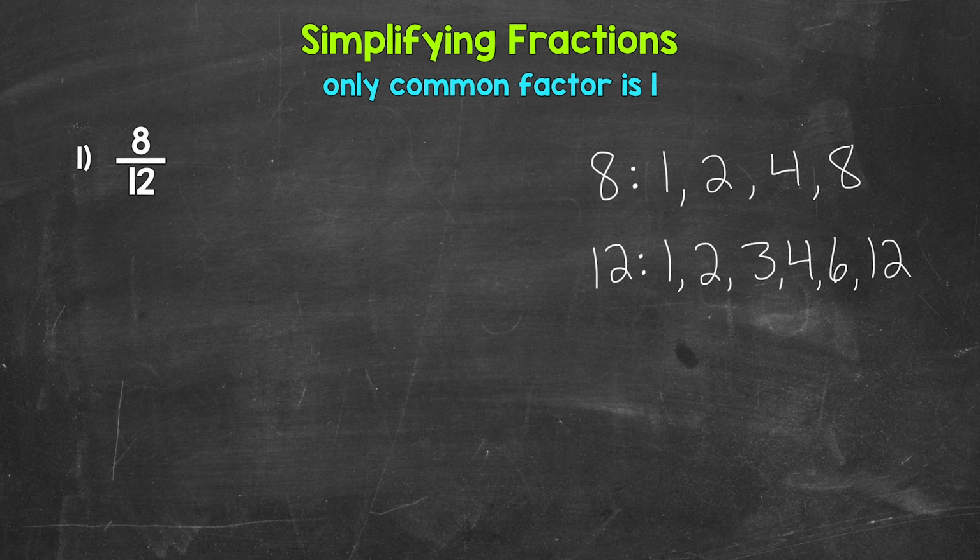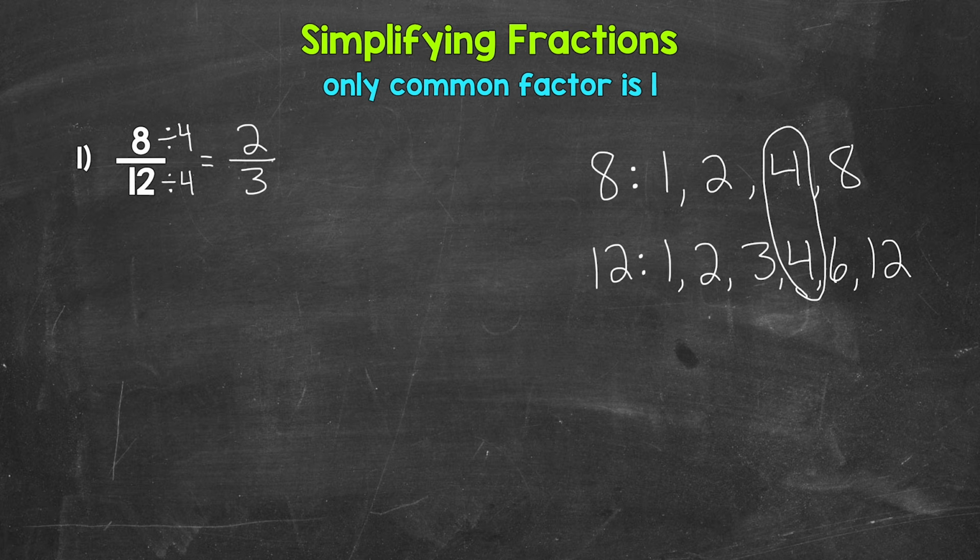Now we're going to use the greatest common factor between 8 and 12 here. That way we can simplify this in one step. The greatest common factor is 4. That's the largest factor they share. Now we take that greatest common factor of 4 and divide our numerator, 8, and our denominator, 12, by 4. 8 divided by 4 gives us 2, and 12 divided by 4 gives us 3.